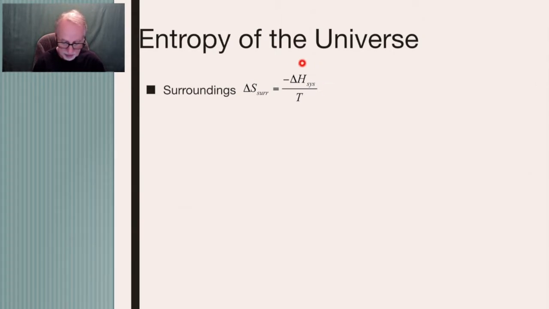So the first thing we have to do is figure out what delta H is for the system. Now, one assumption might be that the enthalpy change associated with the freezing at 268 is the same as it is at 273.